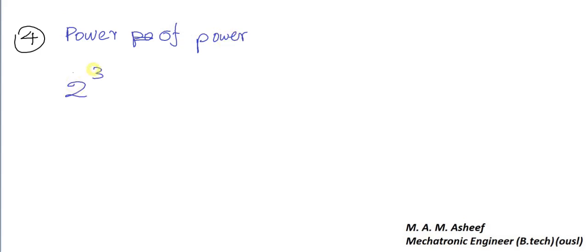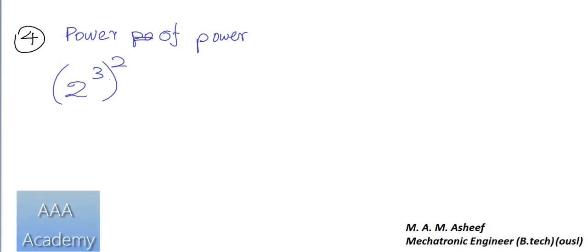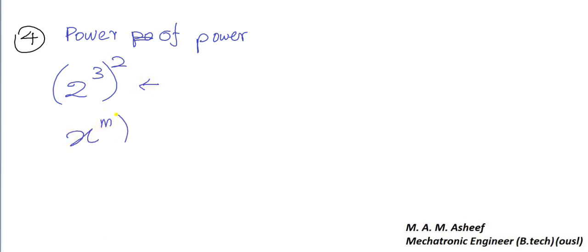The fourth law is power of power. This is a power, and to the power of another thing, like 2 to the power 3, to the power 2, we call that power of power. So x to the power m to the power n, if it comes like that, the powers will get multiplied.